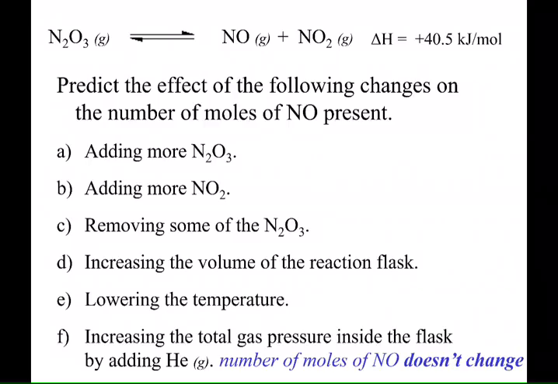But if you decrease the volume and physically make a smaller container, it would favor the side with fewer moles. Yeah, but just adding an inert gas doesn't change anything.